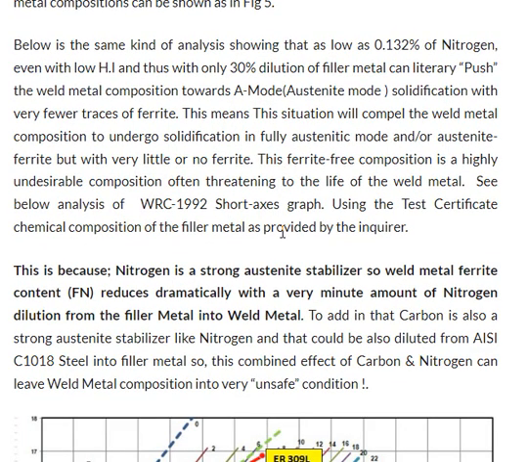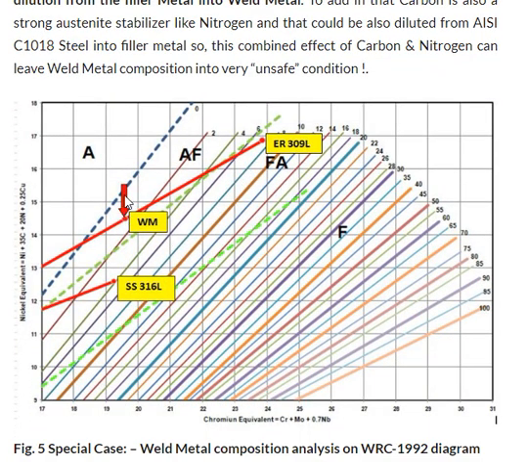It shows that even with as low as 0.132 weight percent nitrogen, with low heat input and only 30% dilution, 15 percent contribution from each base metal, the weld metal chemistry can be pushed towards A mode, austenitic solidification, with very few traces of ferrite. Here you can see the red arrow. The weld metal composition is almost in A mode of solidification, purely austenitic, with very little ferrite. The ferrite will be less than 1.2, or somewhere around 1.